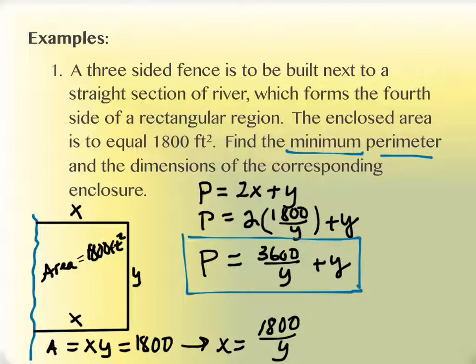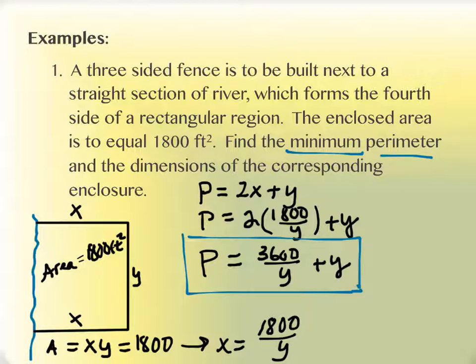Because at the very least, even if this ends up being a really tiny, skinny little rectangle, the most that the x values could be is half of the total length, right? The perimeter. The absolute most that the x value could be is 900. What's the absolute most that the y value could be? It would actually be 1,800, because it could be tall and skinny this way, right?